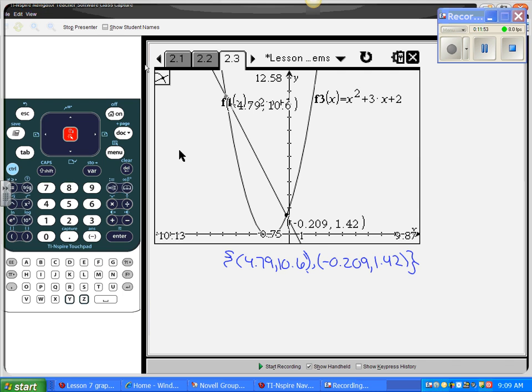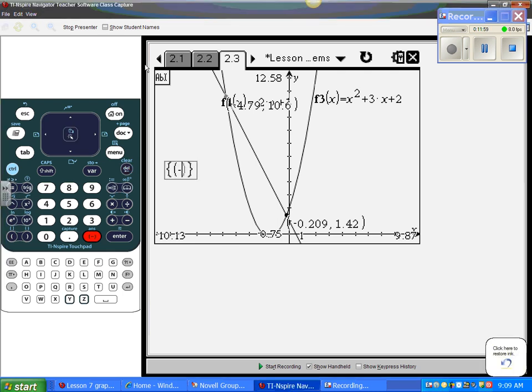Are you putting it in a text box? Yes, I didn't see the negative sign. I apologize. So he opened a text box, menu, actions, text. He clicked anywhere in an open space, and he's typing in his solutions. Nice job. You put the first point, so comma, 10.6. And then outside of that parenthesis, comma, open another parenthesis, and put the other point.